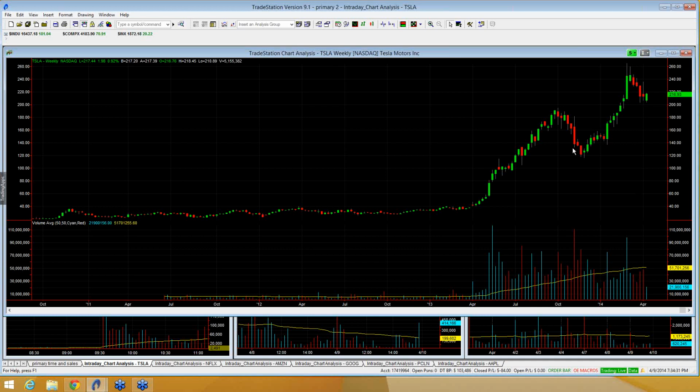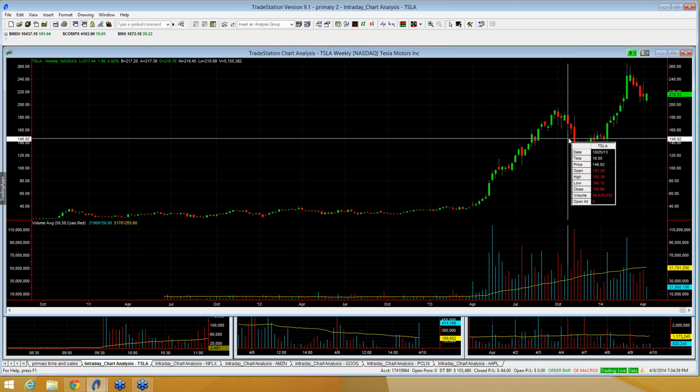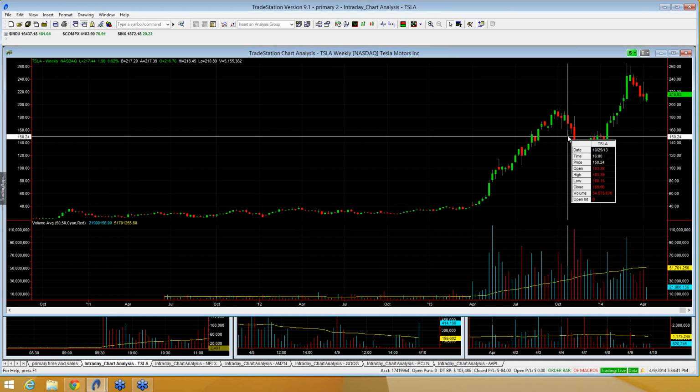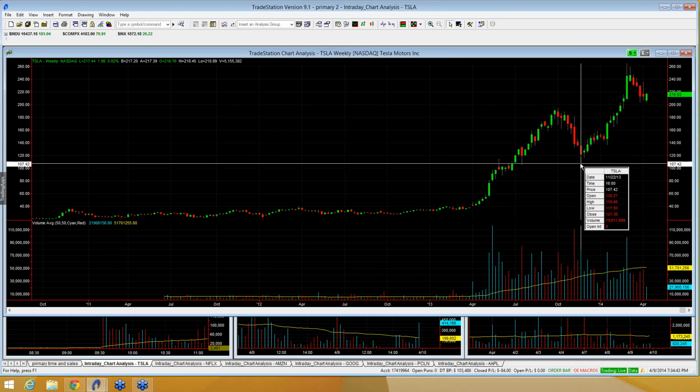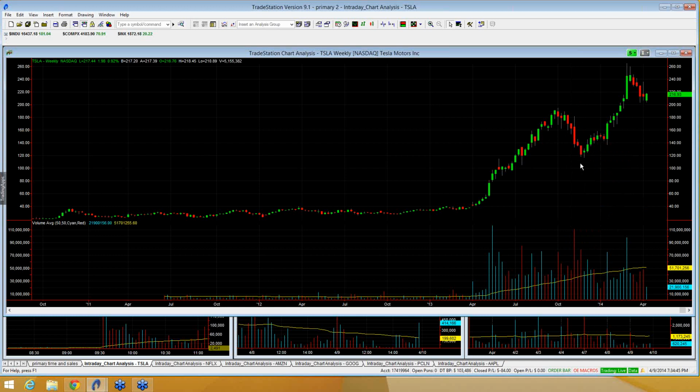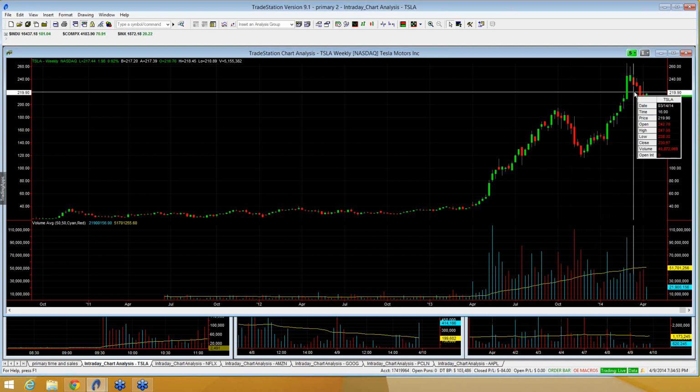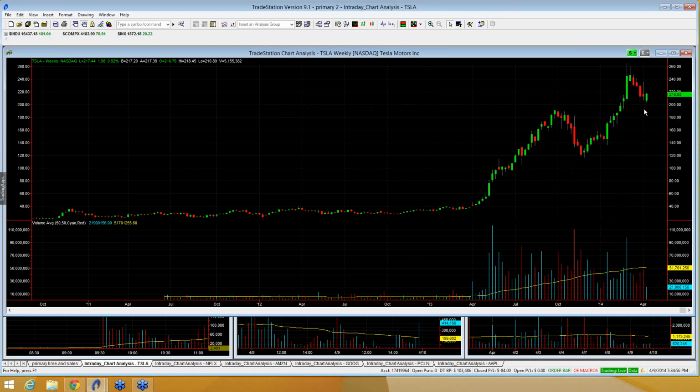Also, you'll notice that the only other time in the $100 range that Tesla had a pullback of at least 4 weeks, it was here from October 2013 to November 2013. And that losing streak on the weekly chart ended up being a bottom for the stock and was a buying opportunity. Here we are again, losing streak on the stock, and you're starting to find some support. So it looks like a possible buying opportunity.